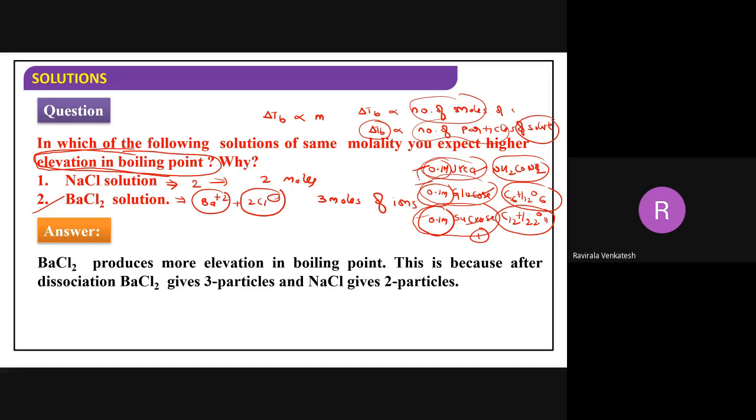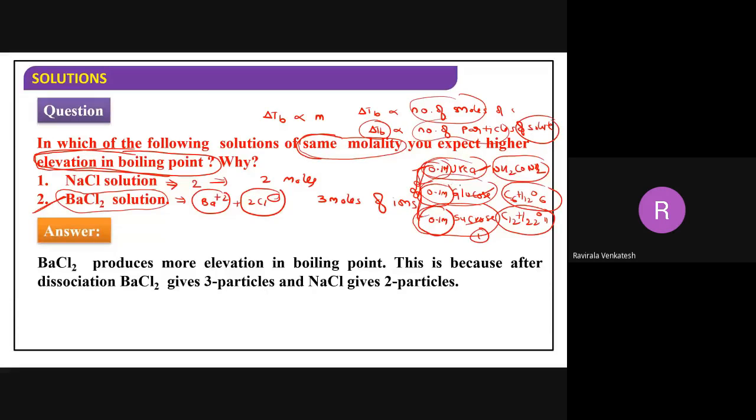Both have the same molality, but even though they have the same concentration, this one has a higher elevation of boiling point because it has more number of particles. Here the same concentration and the same number of moles, so all will have the same elevation of boiling point.